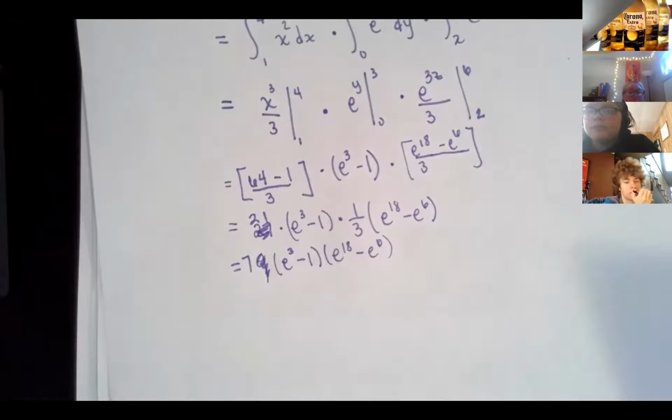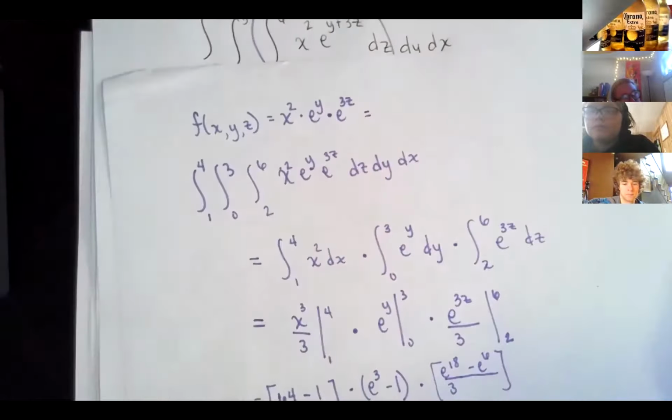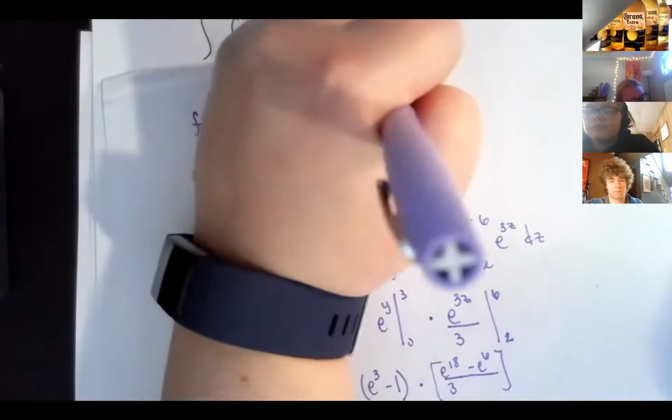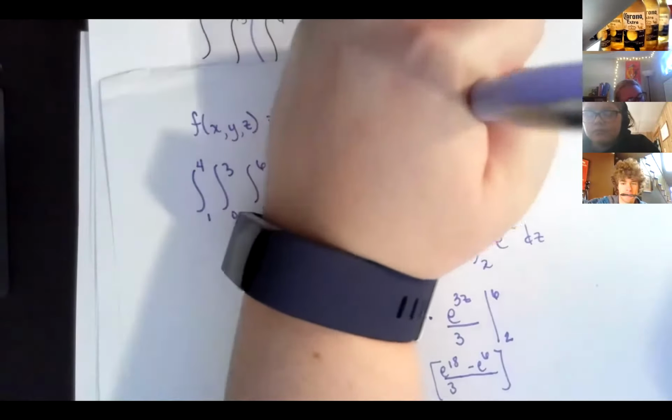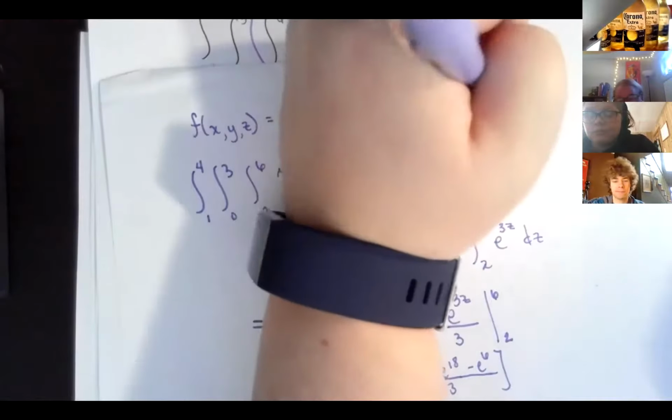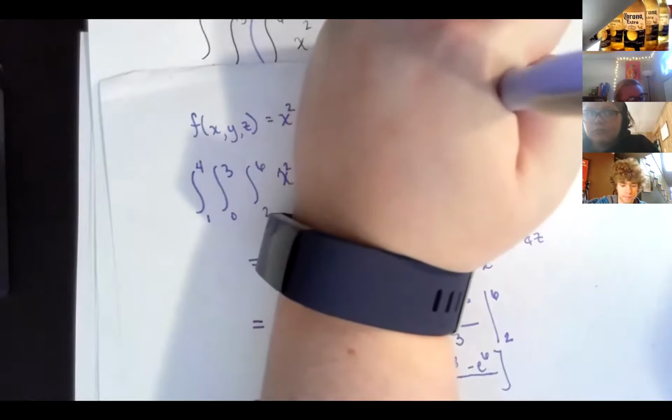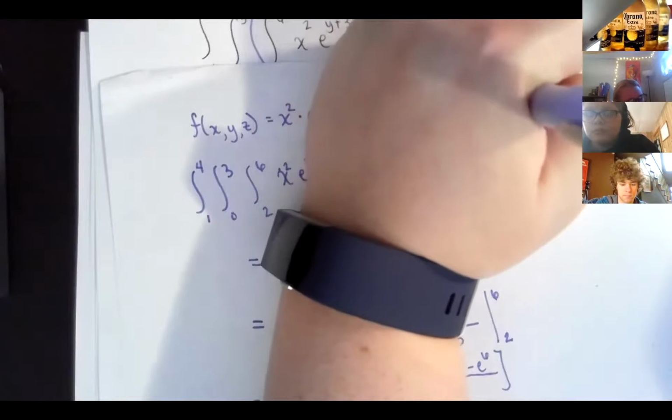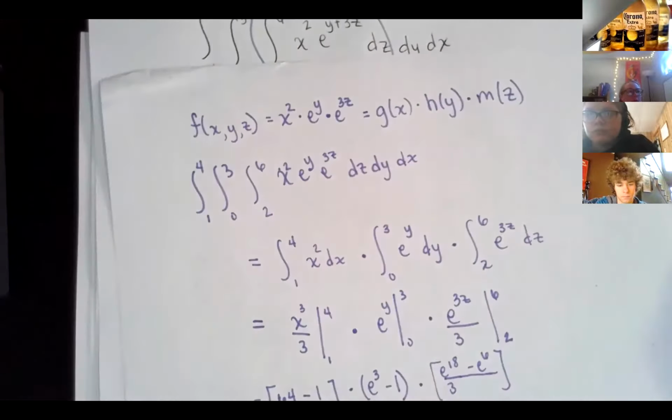So now this only works if we can actually separate those as a product of 3 different functions, a function of x times a function of y times a function of z.